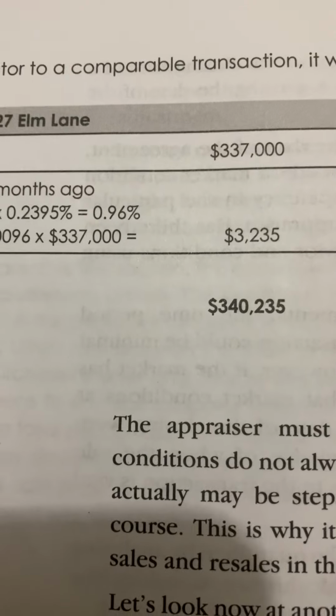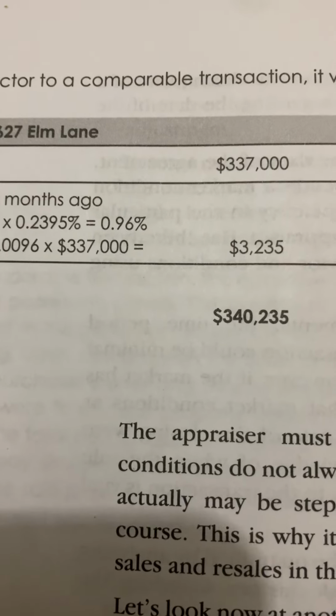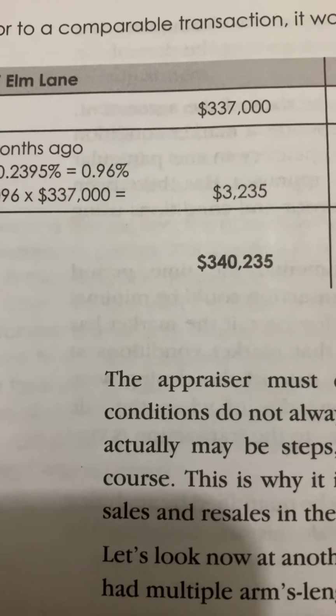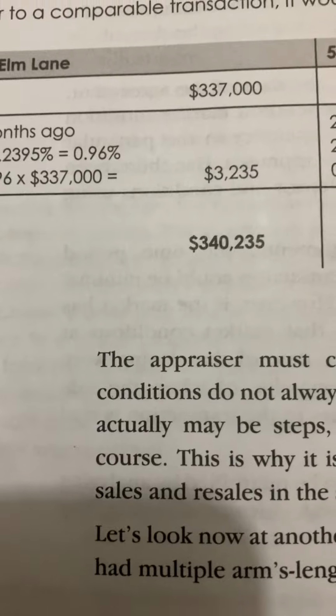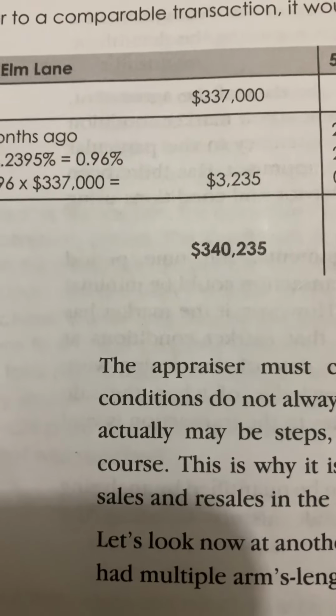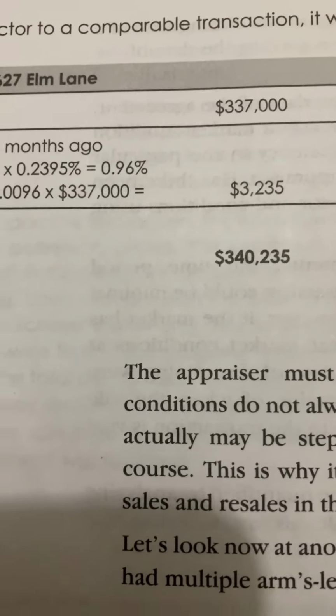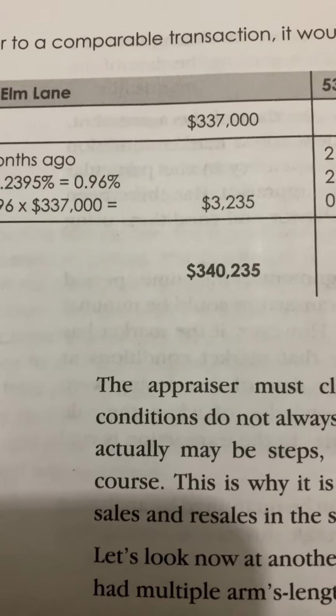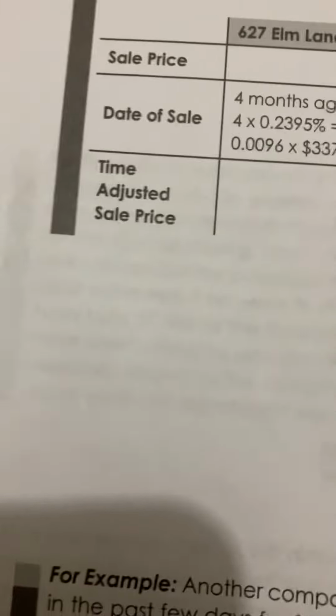So you have a dollar percentage calculated. The time adjusted sale price is now $340,235. So basically you just took that number and added it to your original sale price, and you have a time adjusted sale price.